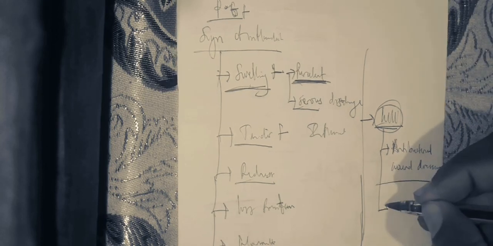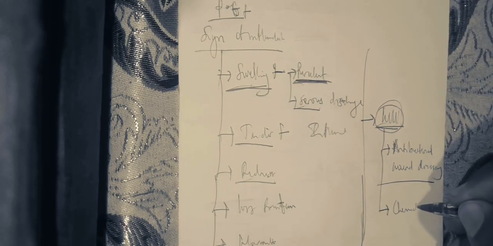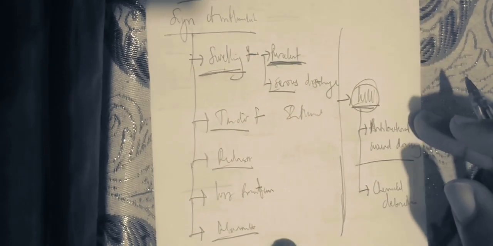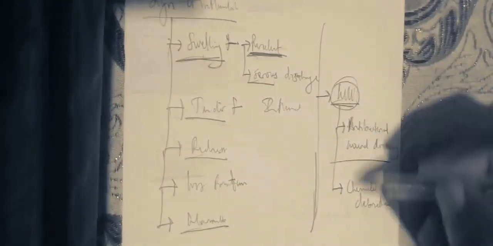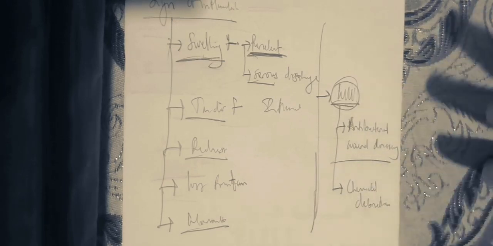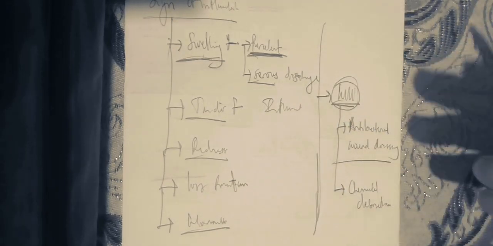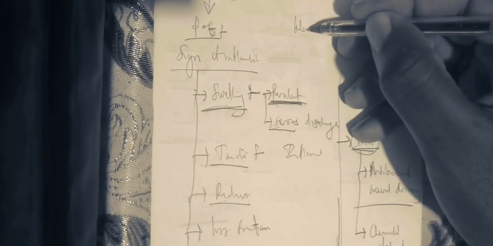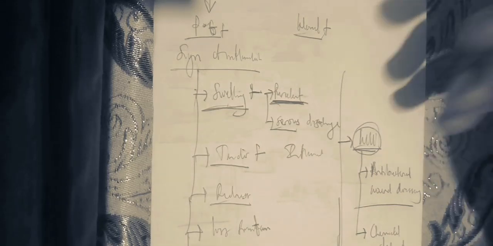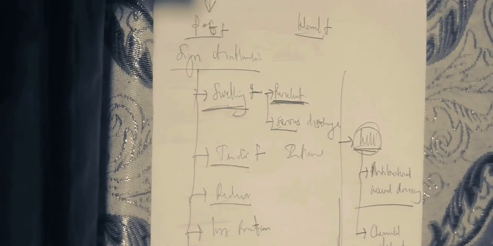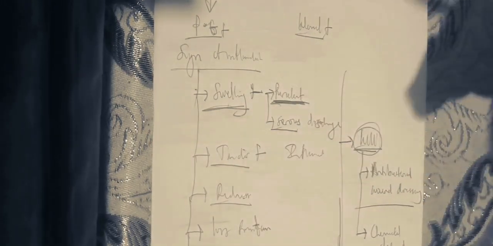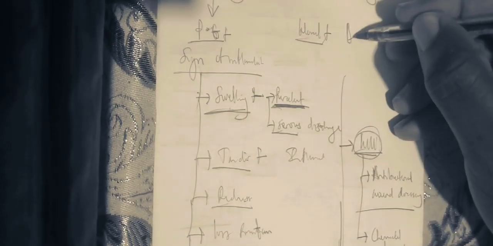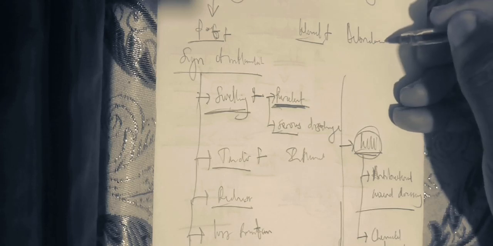You can also do chemical debridement. Those are the two major elements that you can do when you have a patient that has purulent discharge. You need to know that every time you have a wound which is fast growing with microorganisms, when you think that the wound is infected, particularly seen with discharges, you need to do debridement in that wound.